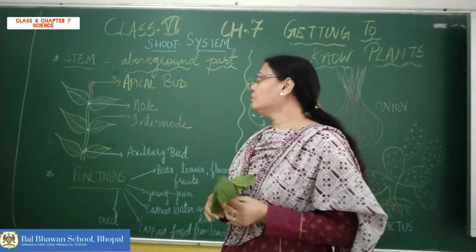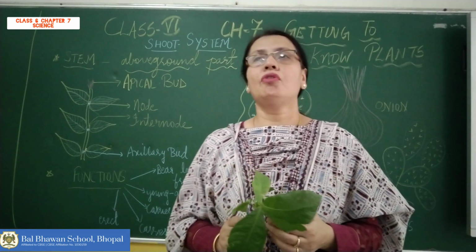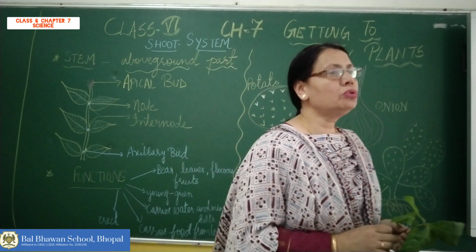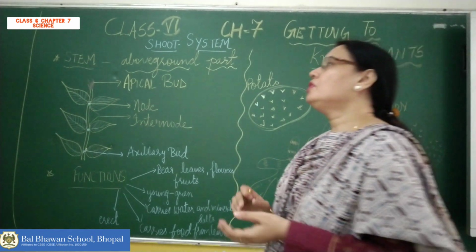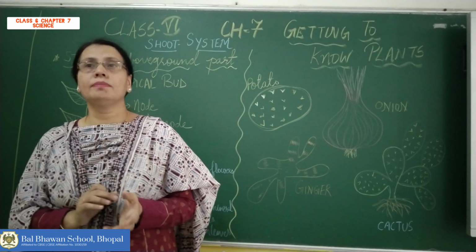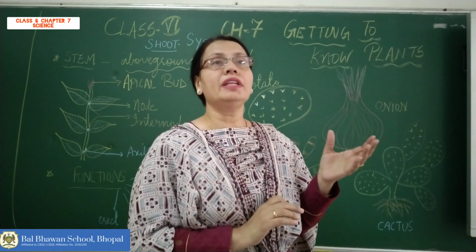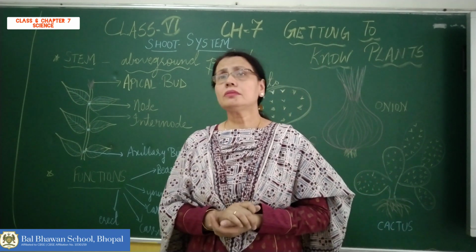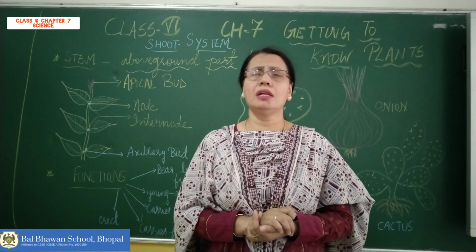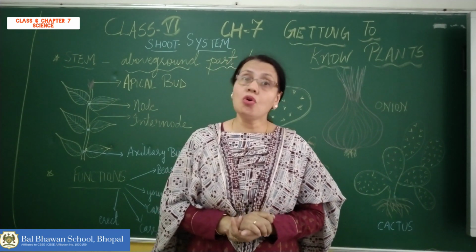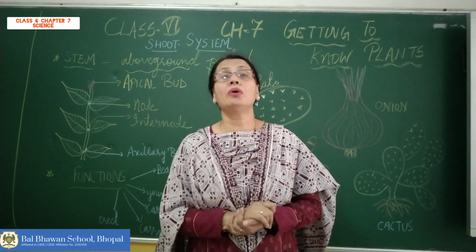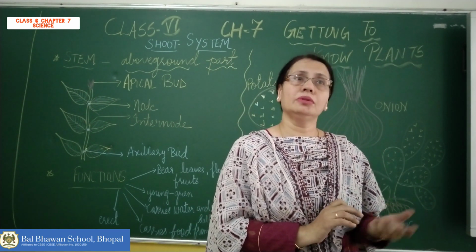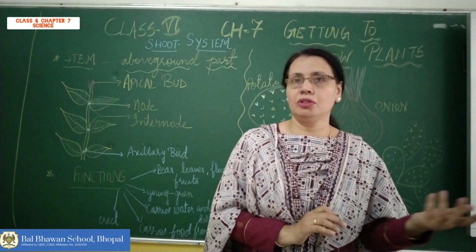Now let us discuss what type of stem we have in herbs, shrubs and trees. When we talk about herbs, you all know that they are tiny plants which have a soft, flexible green stem that can be bent easily. Whereas shrubs have a slightly woody stem, green in color, with a lot of branches, and it cannot be bent easily. But trees are very huge in size and they grow more than 10 to 12 feet in height.